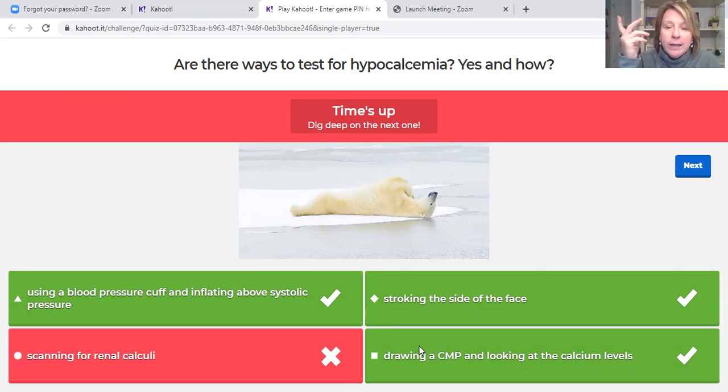And then drawing a CMP, a comprehensive metabolic panel, we're looking for calcium levels there. We're looking at a bunch of lab levels in the comprehensive, the CMP. A BMP is a basic metabolic panel, and that's your basics, your sodium, your potassium, your BUN, your creatinine. There are 7 of them that we look at in that. And then when you need extra, you add that CMP.